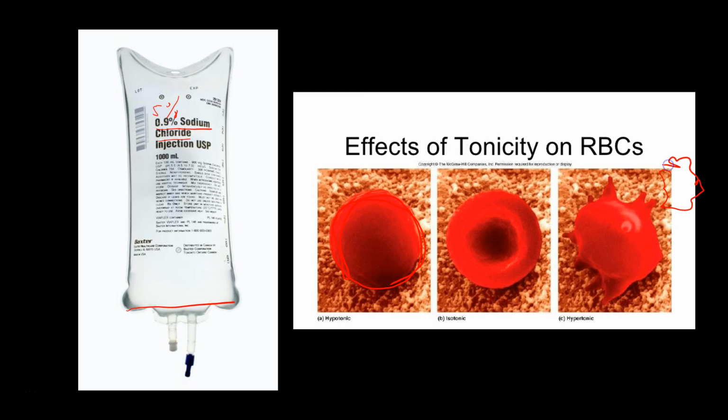All the water would be pulled out of your blood cells, and they would shrivel up to little raisins. Okay? So the doctors make sure that you get 0.9% sodium chloride, so that matches the same concentration as your blood, and your blood cells maintain their shape. Okay? And what actually can happen in a hypotonic solution, again, is that your cells could lyse, and they could pop because they expand so much. Okay? So it's very, very crucial to maintain an isotonic solution.